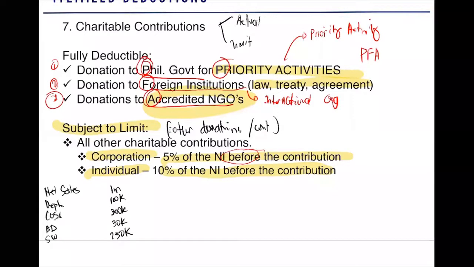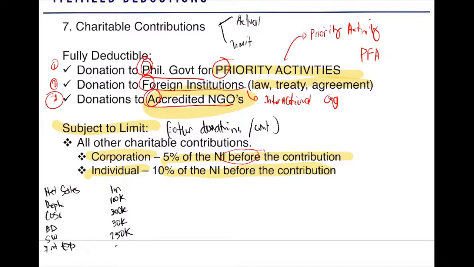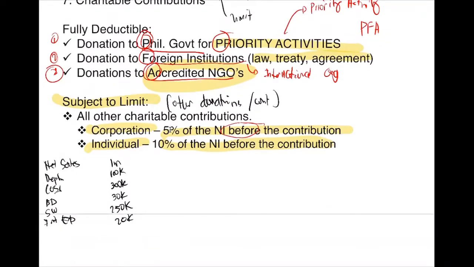Okay? And then we also have representation. Never mind representation, it has a limit. Interest expense na lang, 20,000.